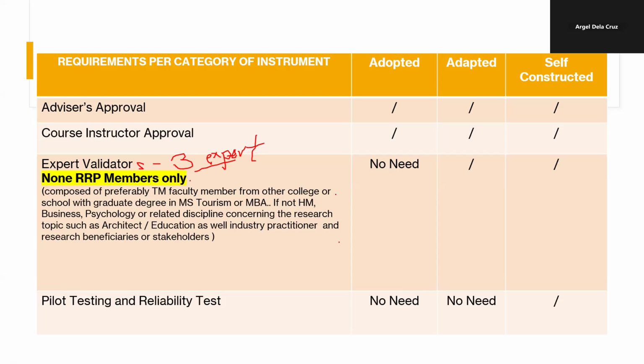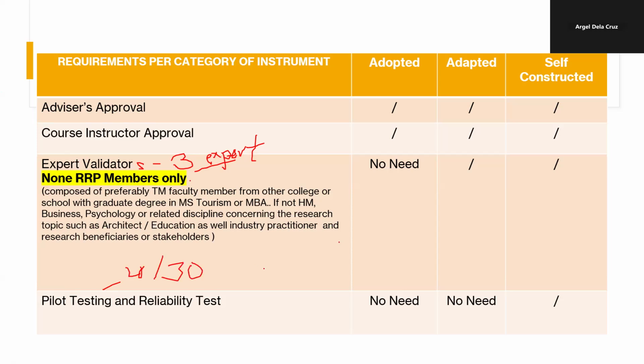Okay, now about self-developed. So you need advisor approval, course instructor approval, and then you have to verify it with 3 experts. And then you have to pilot test it with at least 20 or 30 people.